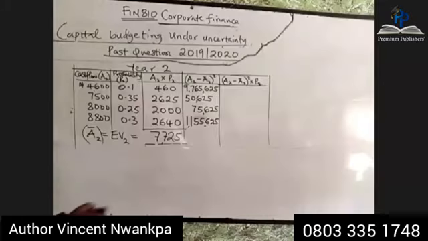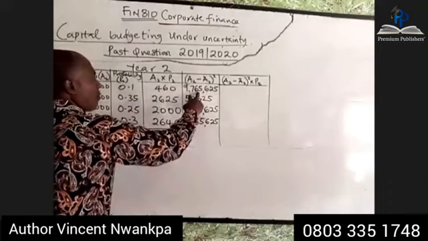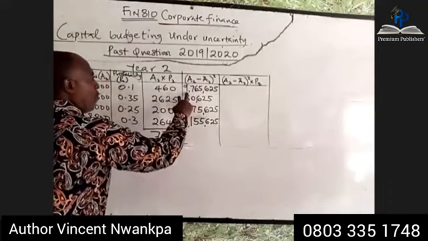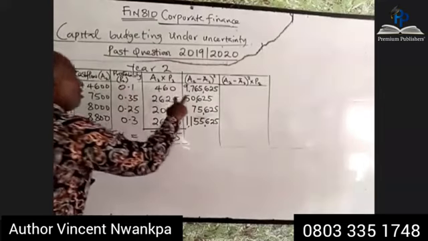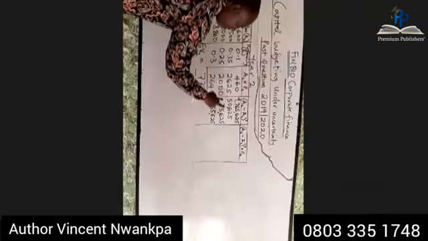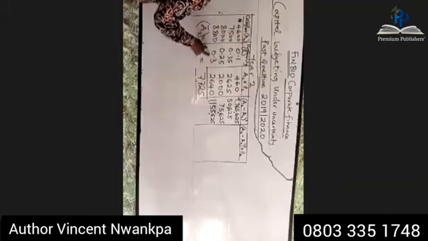Good. Now the next thing is to add this deviation. We're going to multiply this deviation by the probability. The first one, 9 million plus times 0.1, 50,000 plus times 0.35, this times 0.25, 1 million plus times 0.3. What do we have? Somebody?